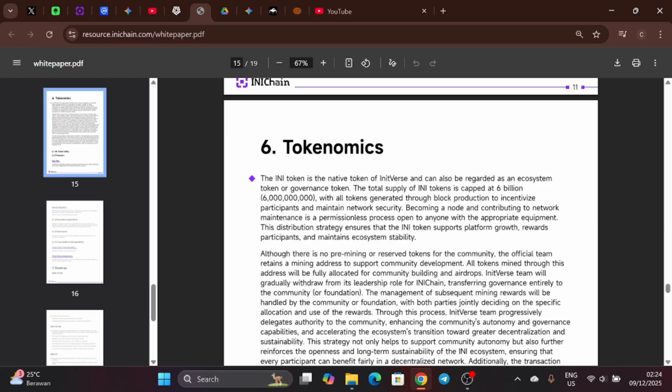The native token of InitVerse can also be regarded as the ecosystem token and governance token. The total supply of INI token is capped at 6 billion.